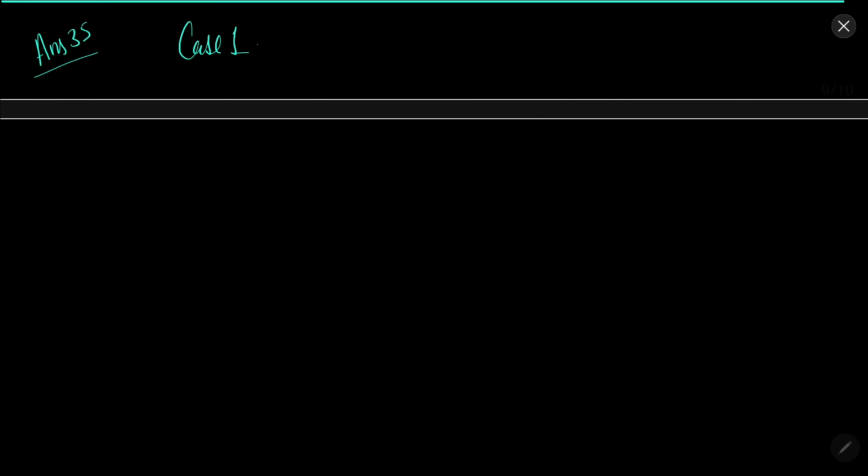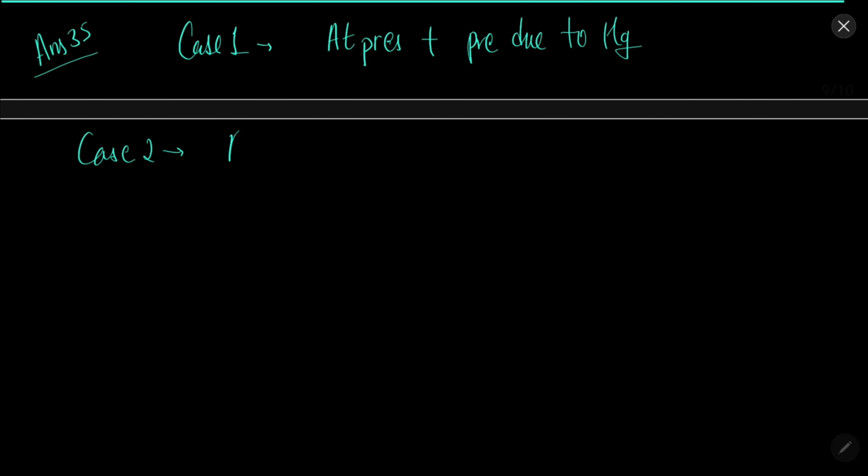In one case pressure will be atmospheric pressure plus pressure due to mercury column, and in case 2 pressure will be due to atmospheric pressure and component of pressure due to mercury column.